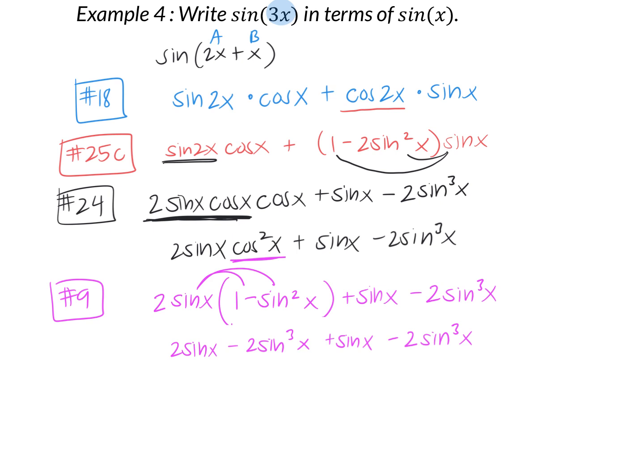And one last step, combine like terms here. How many sine of x's do I have? 3. And then how many sine cubes do I have? Negative, how many? Negative 4.